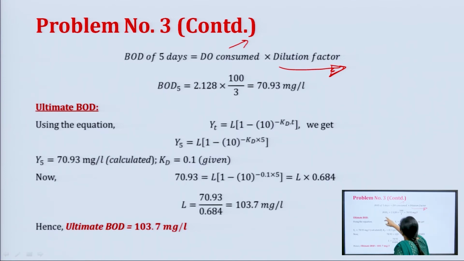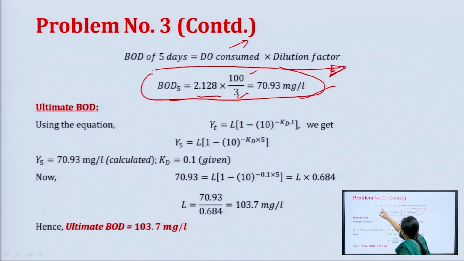So, BOD5 will be equal to the DO consumed, 2.128, into the dilution factor. It was 3%, so in the sense 100 divided by 3. It works out to be 70.93 milligram per liter. So, this is the BOD5.